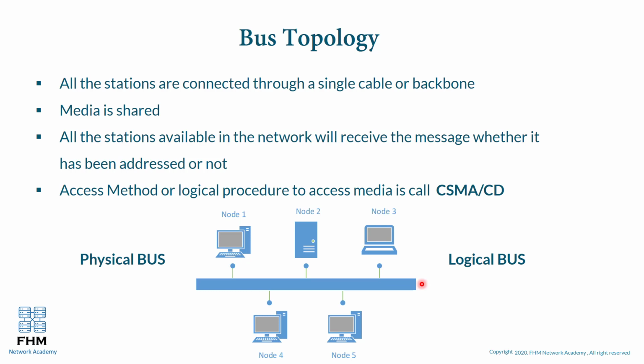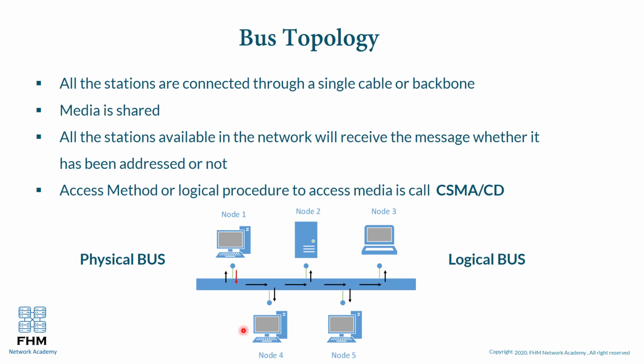I mean, when node 1 sends a message to the media, all nodes which are connected to this media, node 2, node 3, node 4, and node 5, will all receive this message. And all of this happens because the media is shared.